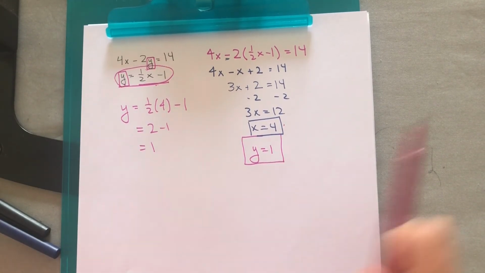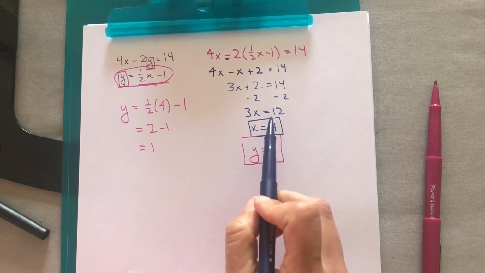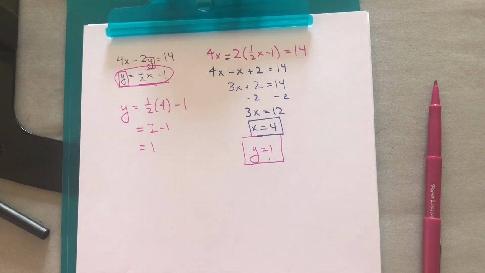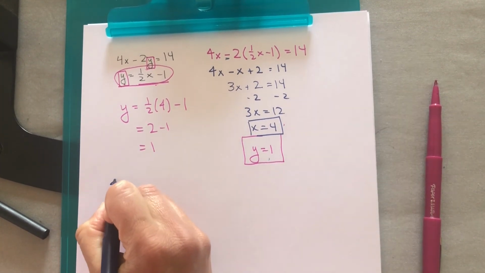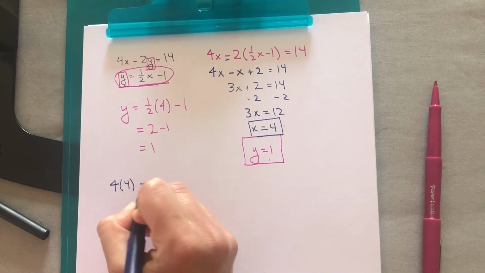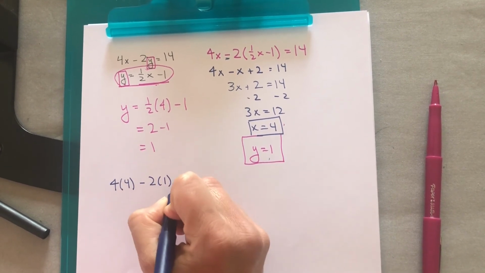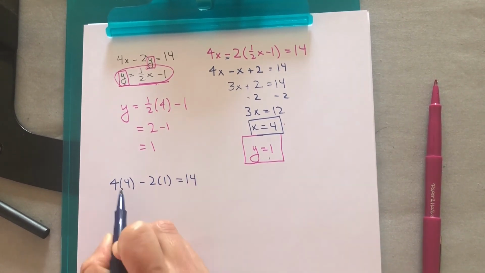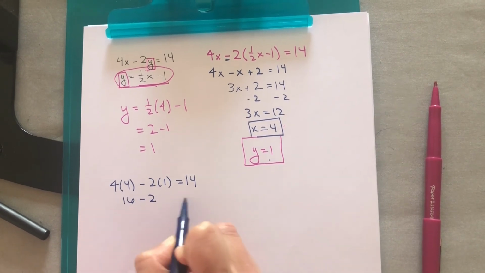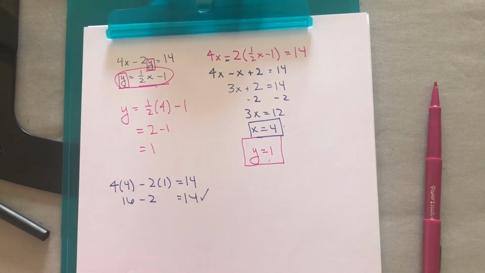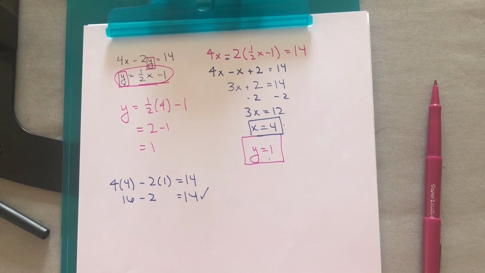What I'm going to do now is use this first equation to check that my values of x and y both work. So 4 times 4 minus 2 times 1 should equal 14. 16 minus 2 does equal 14, so I know that I'm correct with that solution.